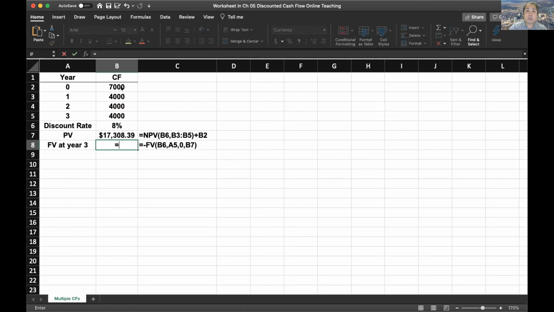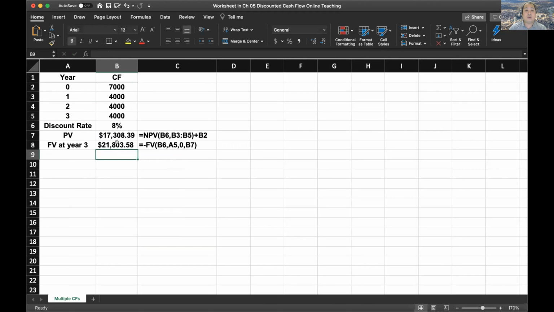Once you get it, then you can get the future value too. Because if we have a positive present value, we will have a negative future value, right? So put the discount rate, number of periods 3, and PMT 0, and then the present value is the present value we calculated.